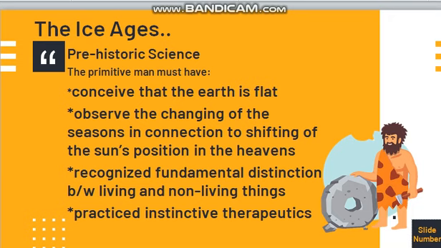They must also have observed the changing of the seasons in connection to the shifting of the sun's position in the heavens. As we all know, the movement of the sun, moon, and the stars must obviously have been among the earliest scientific observations.